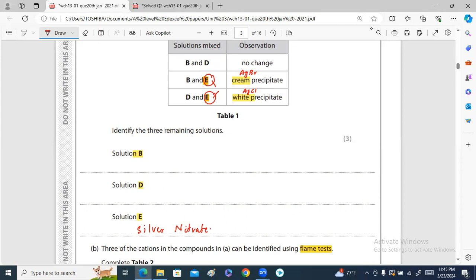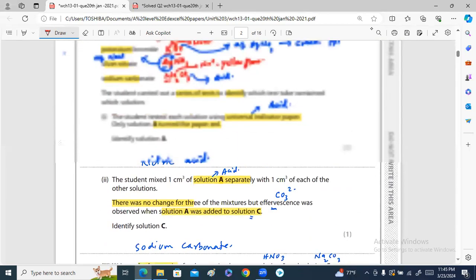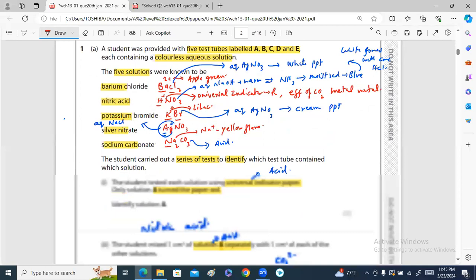So if we look at the B, B must be the compound of bromide. So let's see which one is the bromide. Okay, so potassium bromide is the compound which contains the bromide, and barium chloride is the compound which contains chloride.